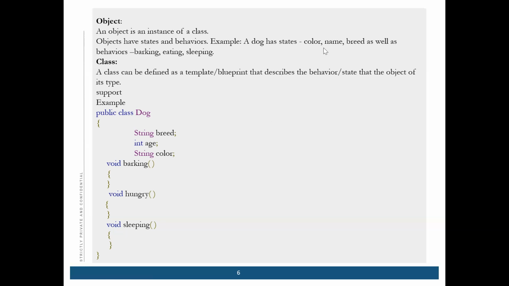Suppose the color of the dog is black, orange, or whatever it is. So that is telling the behavior of the object by defining these things in the class.